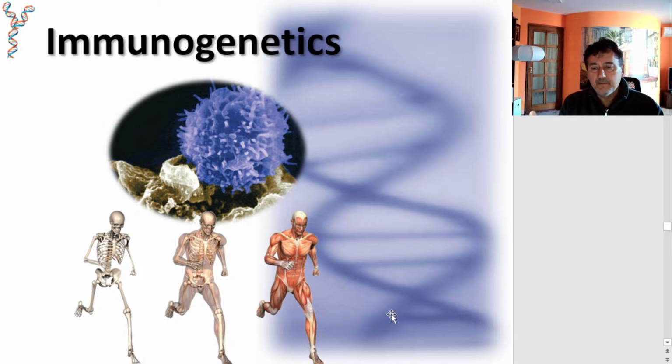So we would think that this million or 10 million fold variation can be generated by a large number of genes. But actually, as you know, we only have about 20,000 protein coding genes, so there's a limitation.